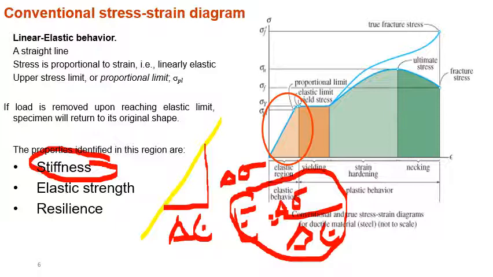Once we remove the load in this region, it regains its original shape. If it is plastic deformation, once we remove the load, it will not regain its original shape. Whatever deformation is caused in that material will remain permanent. That is elastic strength.